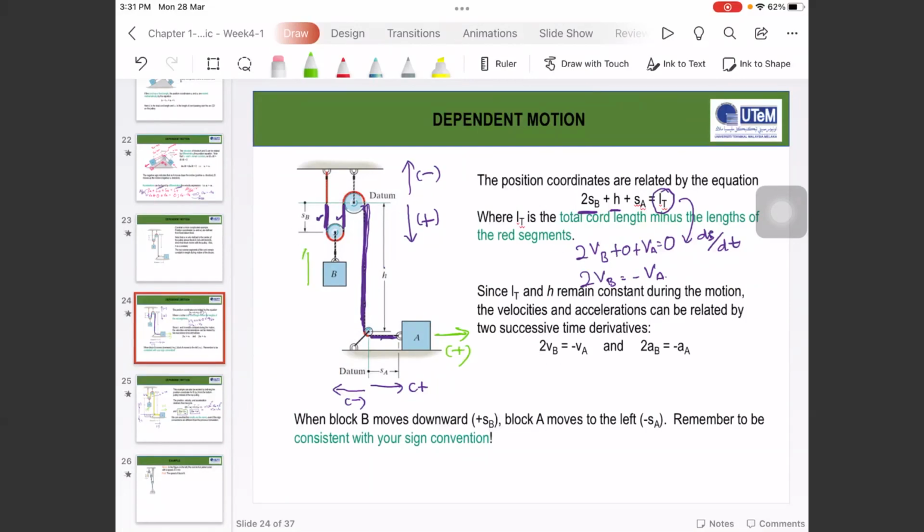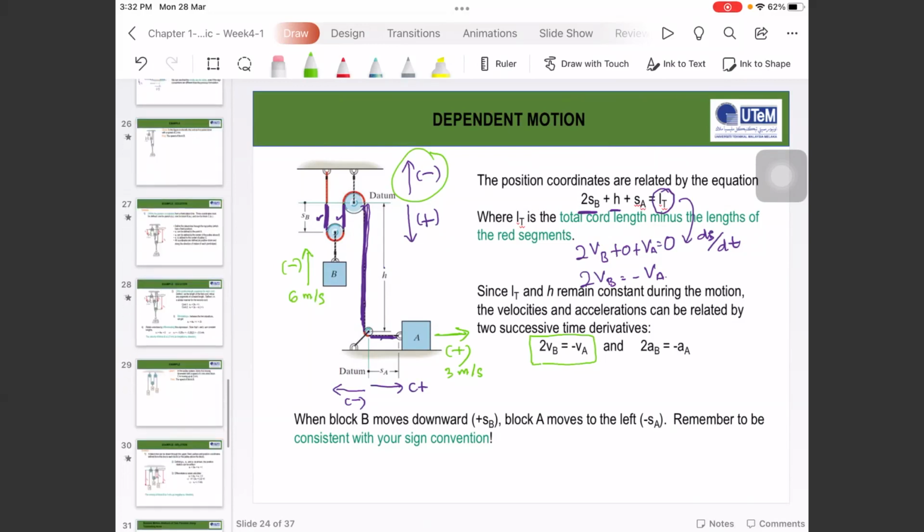Okay? Atas simbol dia ada negatif. Ini. So this one is negative. Sebab tu you dapat this equation equals to minus VA. Okay? Right? So 2 times lah. Kalau kat sini 3 meter per second, here must be 6 meter per second. Okay? 2 times. Okay? Depends on your datum.